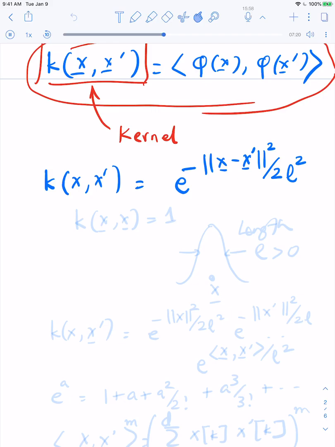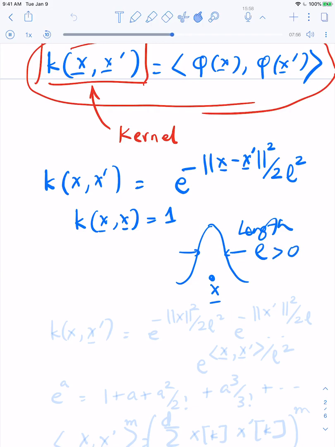You have a length parameter L, and of course you see here that k(x, x) is equal to 1, and the picture looks like, if I'm at an x, and I can't draw a multi-dimensional picture, but basically it's like a Gaussian distribution around it, and how fast it varies depends on this hyperparameter, the length parameter L, and of course this is positive.